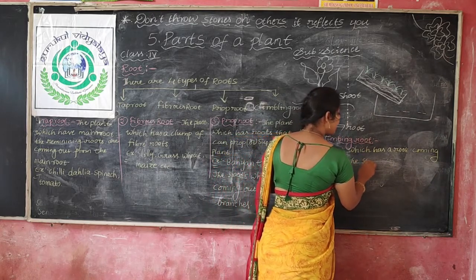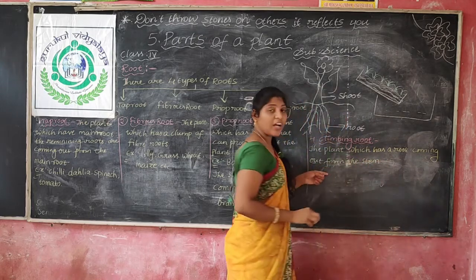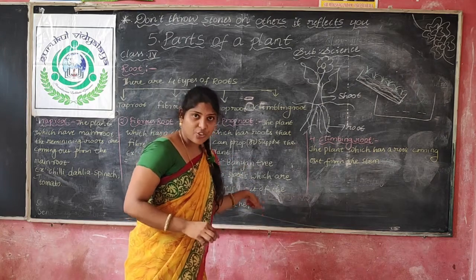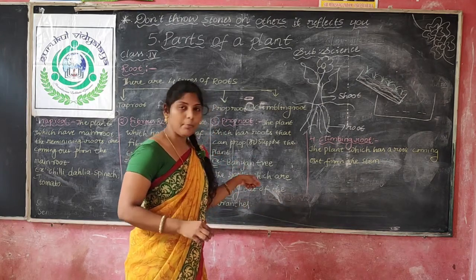So where are the climbing roots coming from? From the stem. The prop roots are coming from the branches.